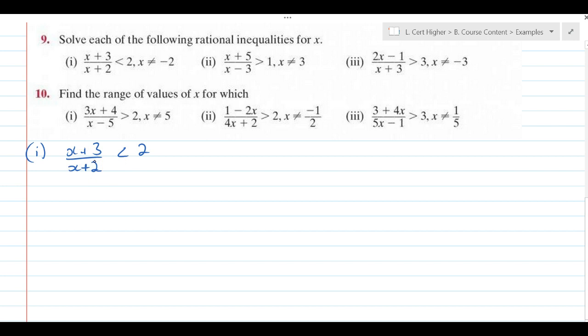Okay, so we're going to multiply across here by x plus 2 all squared. x plus 3 all over x plus 2 less than 2 by x plus 2 squared.